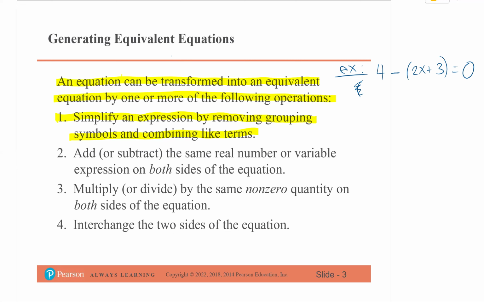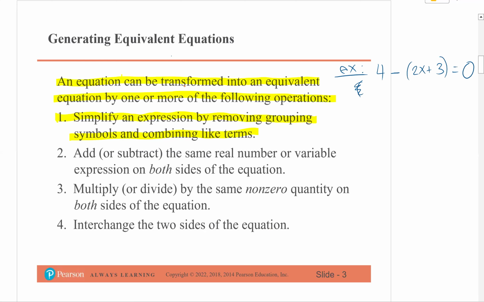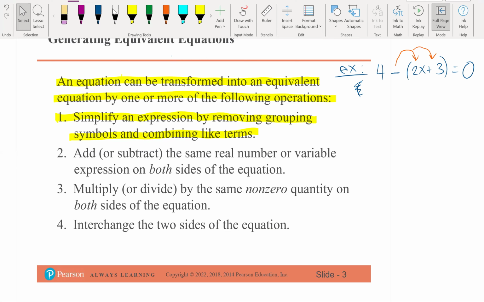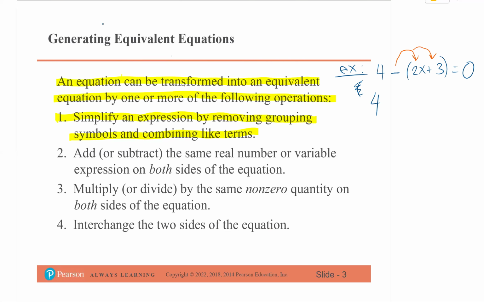So the first step would be, as they said, to simplify an expression by removing any grouping symbols and combining like terms. I think they mean the parentheses here. That's grouping the 2x and the 3, but I can distribute the minus sign and it would be equivalent. So I'll rewrite it as 4 subtract 2x, and then the subtraction sign should go to the 3 as well.